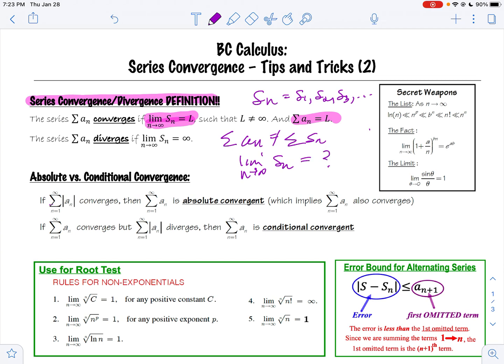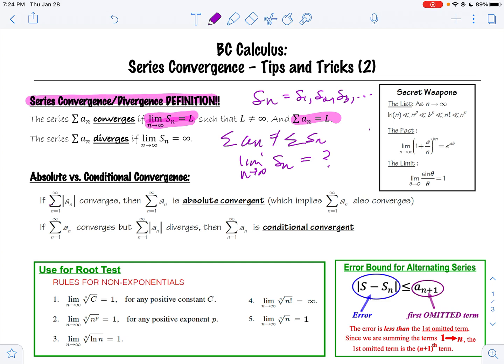If that goes to a number, then that means the series A sub n is going to stop at a number. I'm not sure if I'm explaining that well, and I apologize if I'm not. If you're still confused, please ask me about it in office hours or shoot me an email so I know, and I'll try to help.